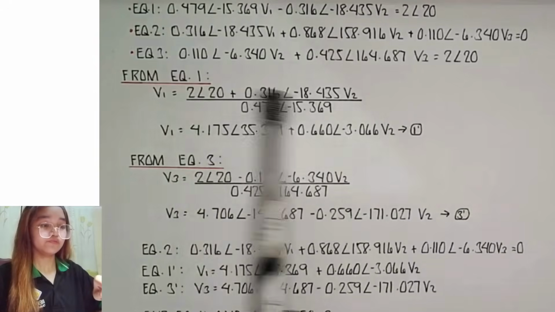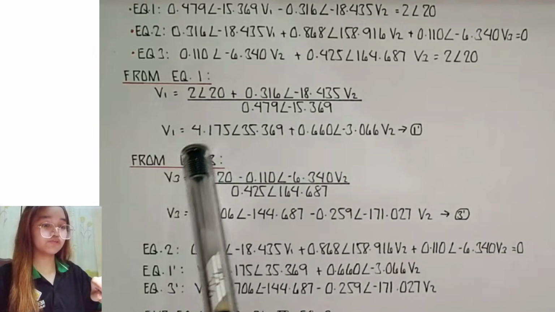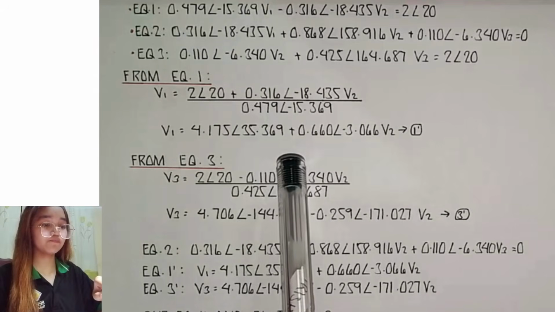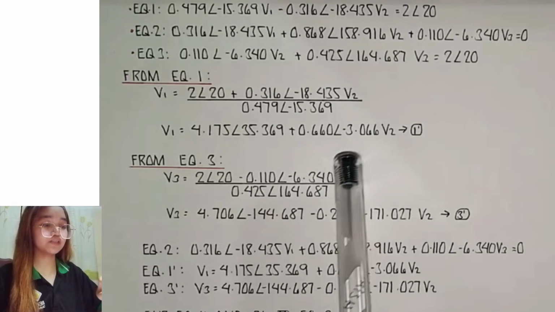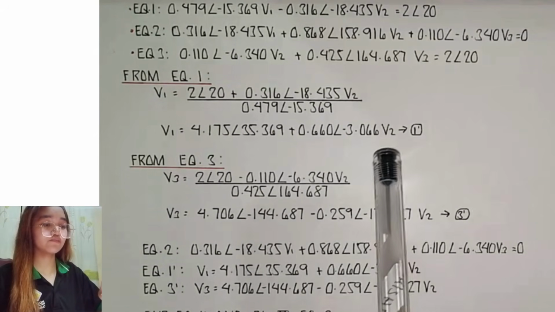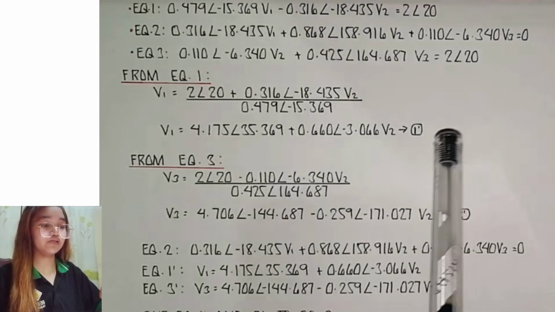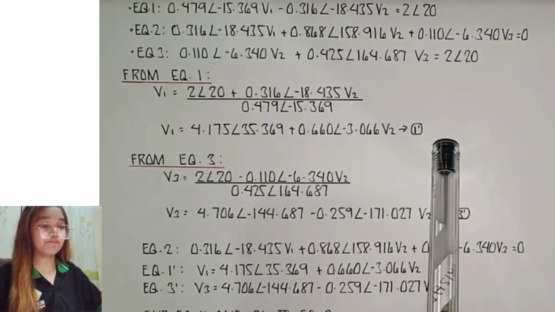So compute in calculator, V1 is equal to 4.175 angle 35.369 plus 0.660 angle negative 3.066 V2. And this is already the equation 1 prime.